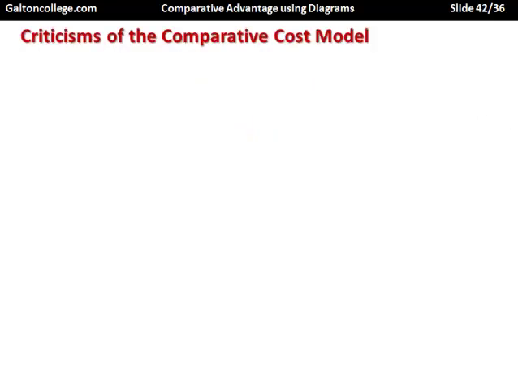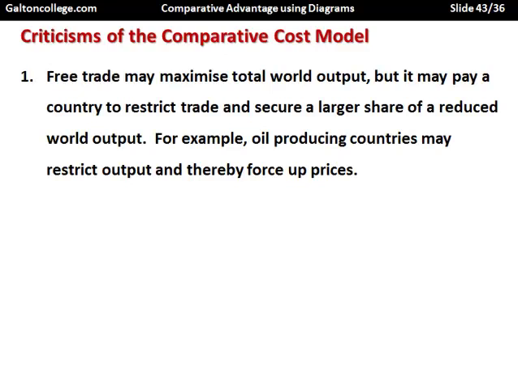Now let's look at the criticisms of the comparative model. Free trade may maximize total world output, but it may pay a country to restrict trade and secure a larger share of reduced world output. For example, oil-producing countries may restrict output and thereby force up prices.